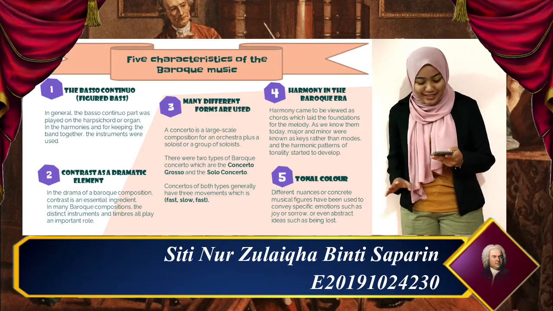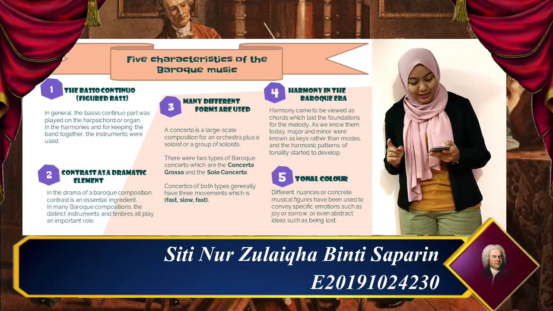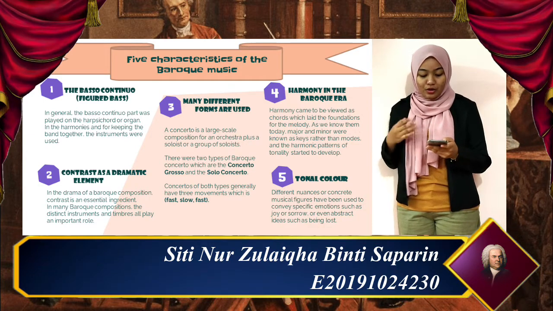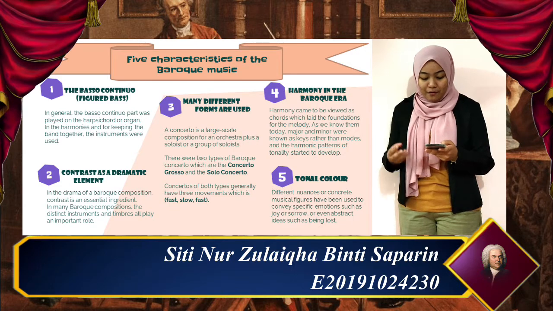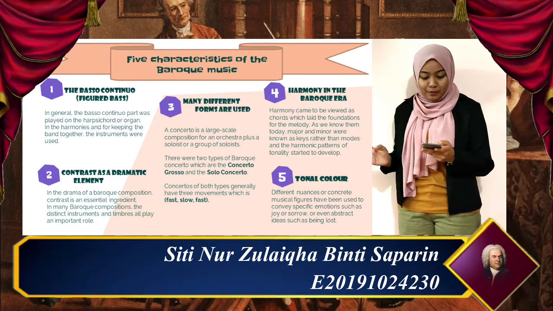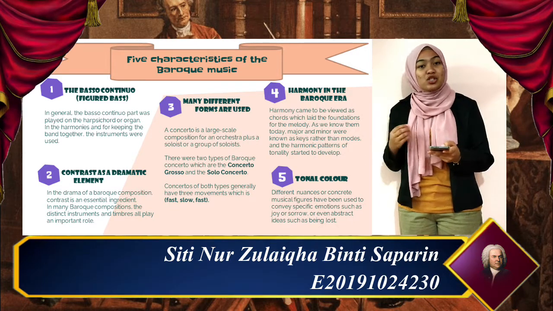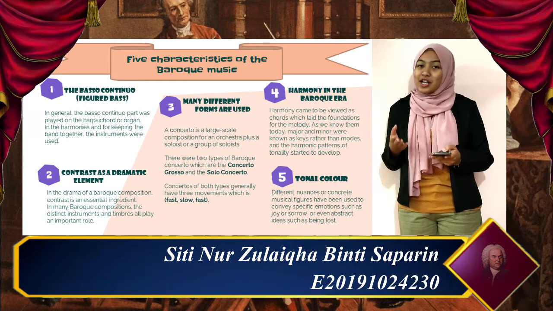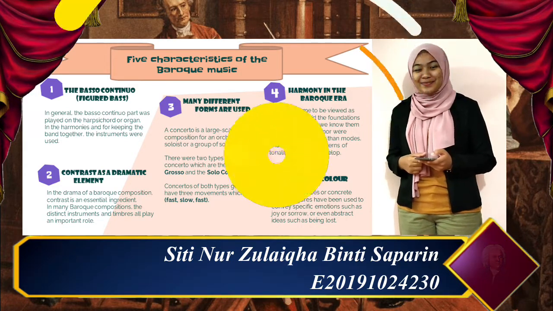And last one, tonal color. Different nuances or concrete musical figures have been used to convey specific emotions such as joy or sorrow, or even abstract ideas such as being lost.